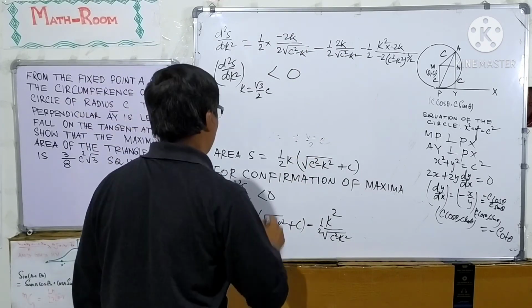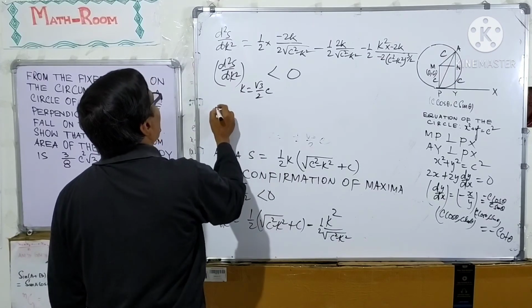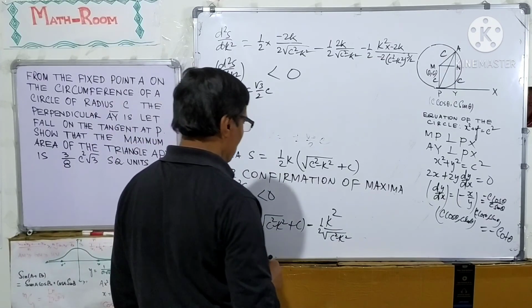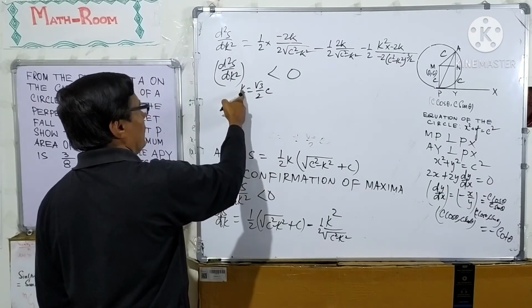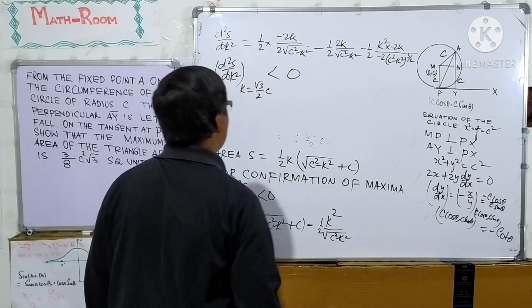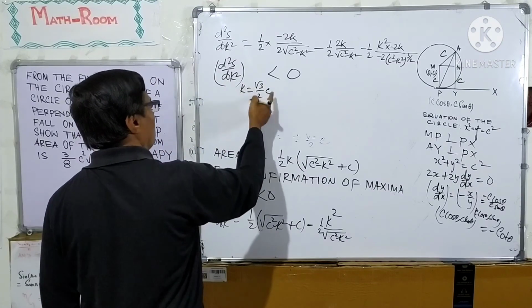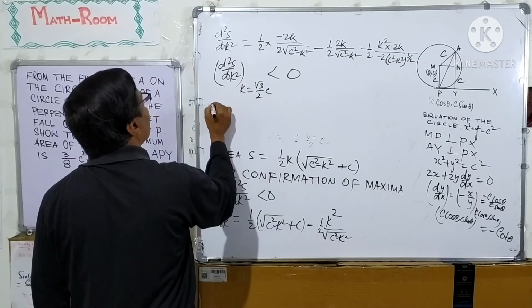So, we are confirmed about the maximum value of S at the value of k equal to root 3 over 2 into c.